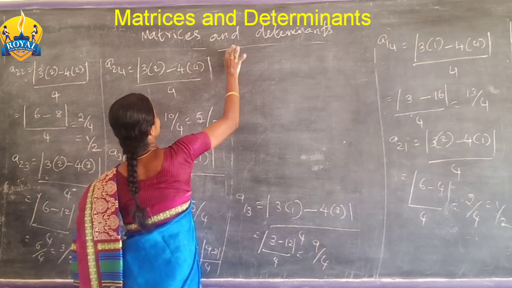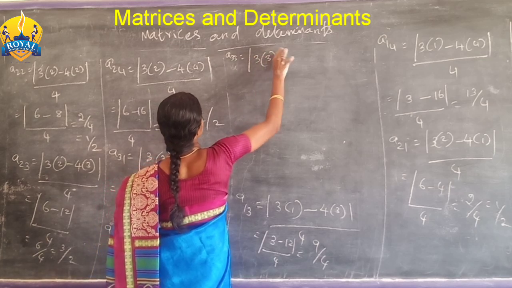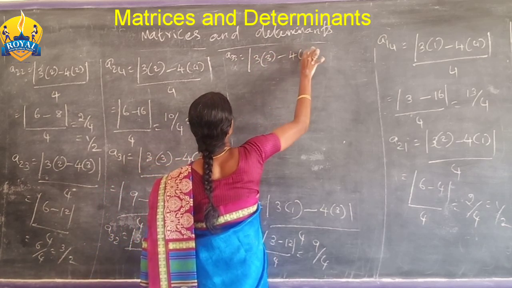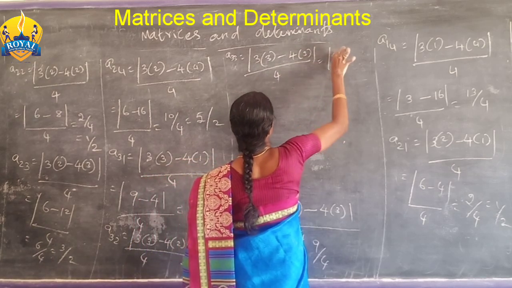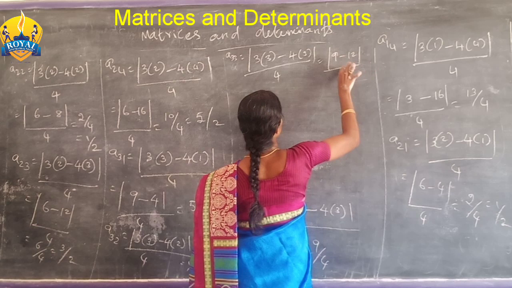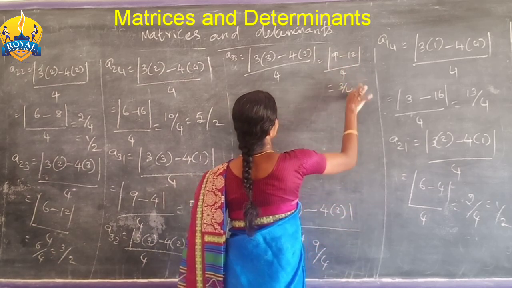Now A33 is the modulus of 3 into 3 minus 4 into 3 by 4, which is modulus of 9 minus 12 by 4. 9 minus 12 is minus 3, modulus gives 3 by 4.